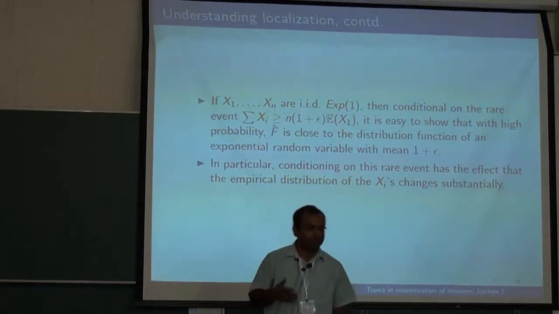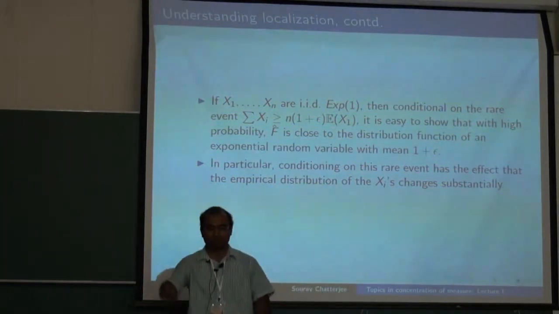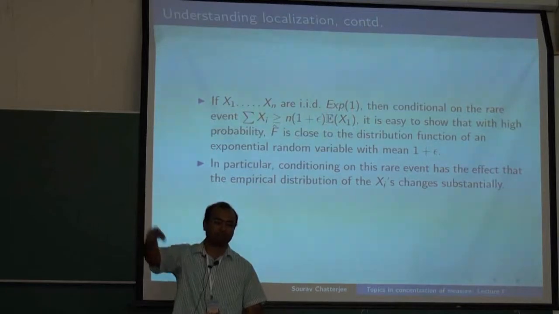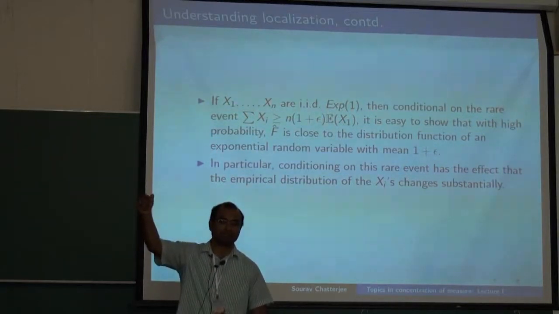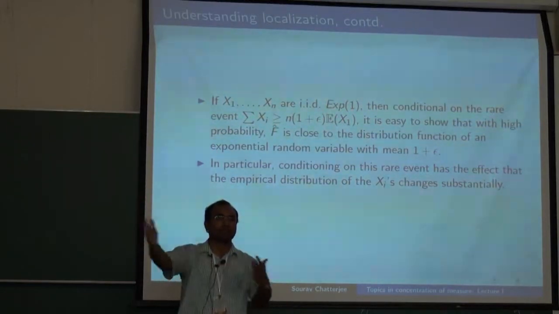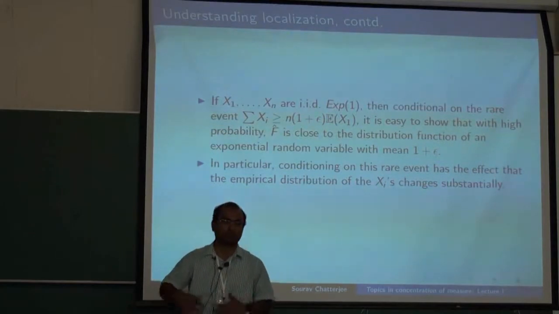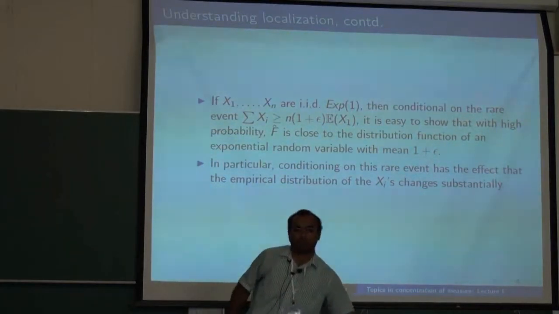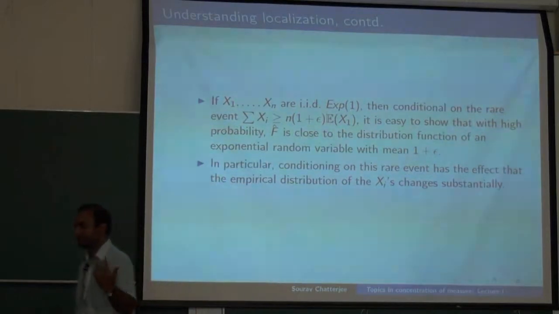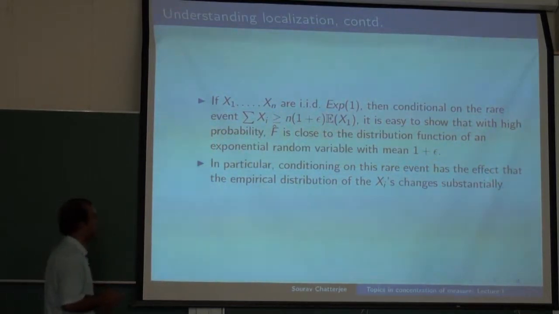When Ofer mentioned that you have Brownian motion conditioned to be very large at the end point, then it becomes like a straight line. So it just means that the summands are changing completely from what they were before. Often you condition the sum to be pretty large, and then everything changes. F hat changes.